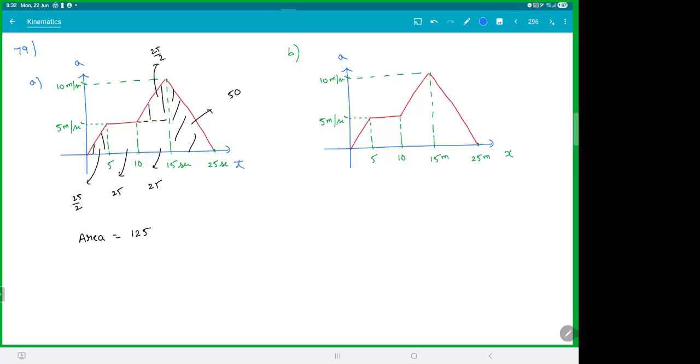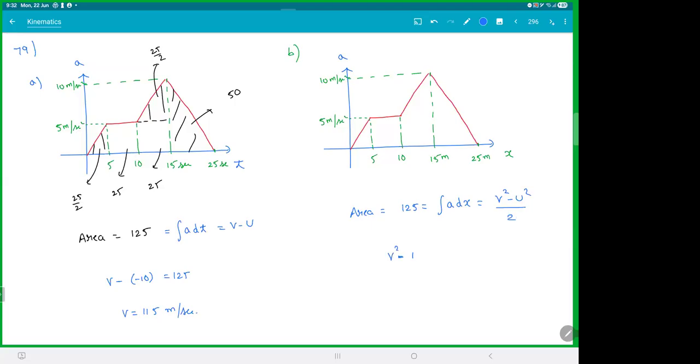Check out the areas there. So for the first question, the area would give you integral A dt, which is V minus U. And what is the initial speed? 10. So V is equal to 115 meters per second. The same thing here, the area would still remain the same, that's 125, but this is integral A dx, which is V square minus U square by 2.